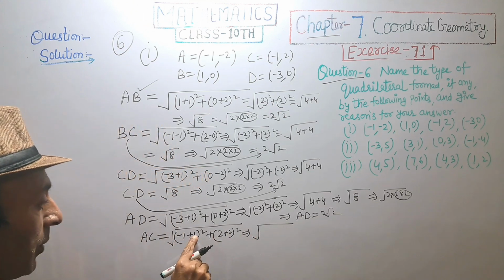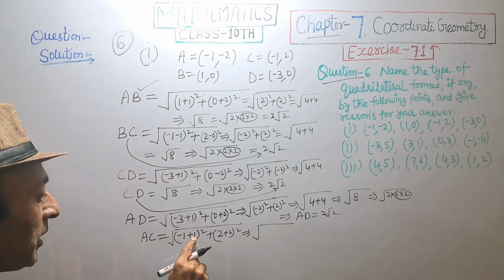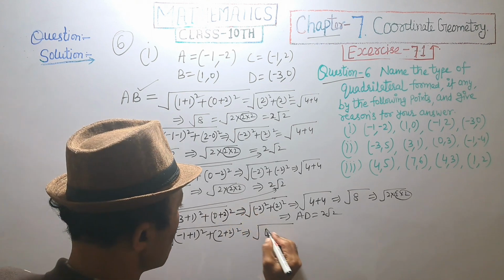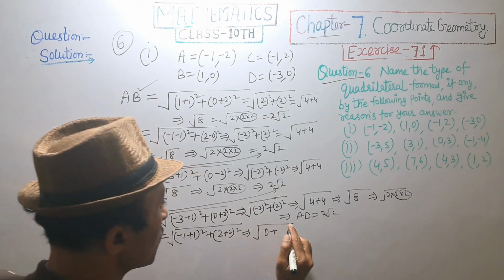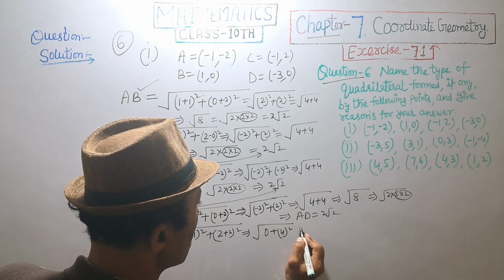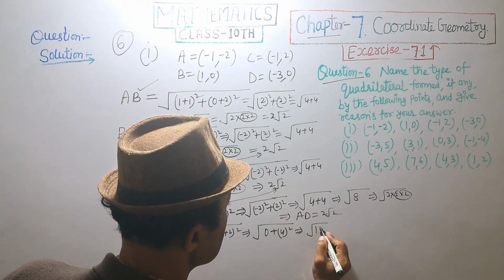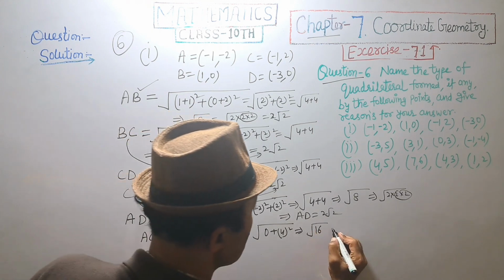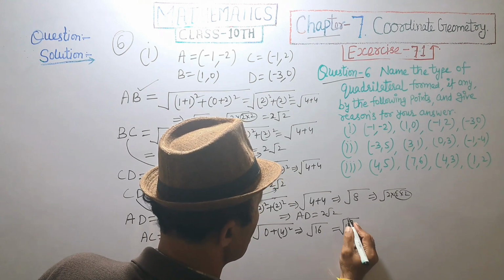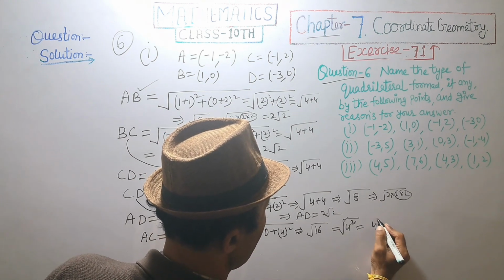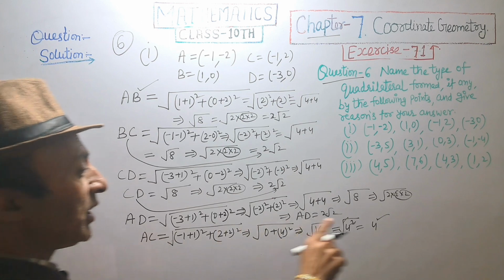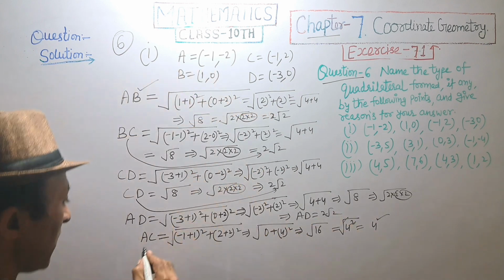That implies minus 1 plus 1, that is 0, and 2 plus 2 is 4, 4 raised to power 2 is 16, and root of 16 can be written as 4 square under root, cancel, and we get the value of AC is equal to 4.